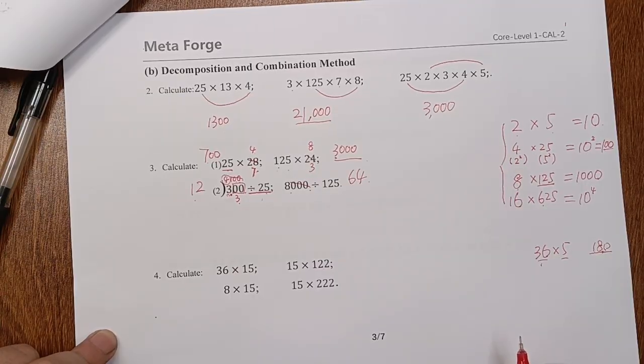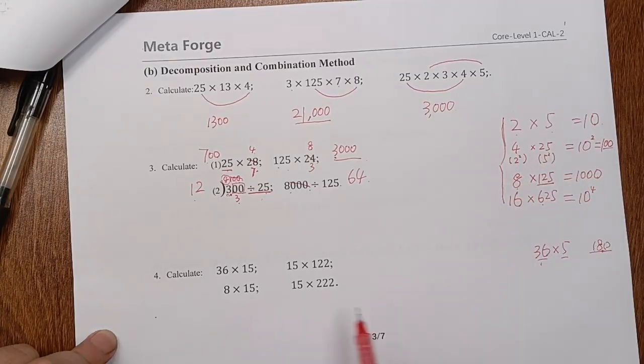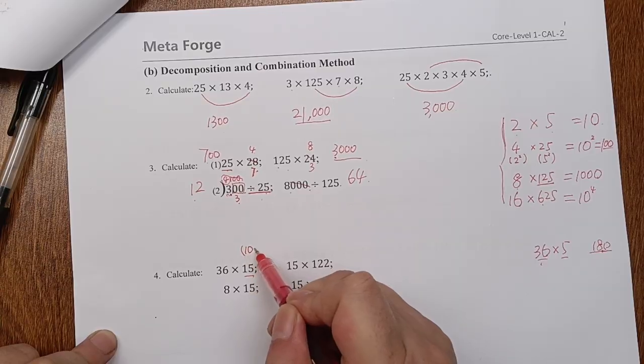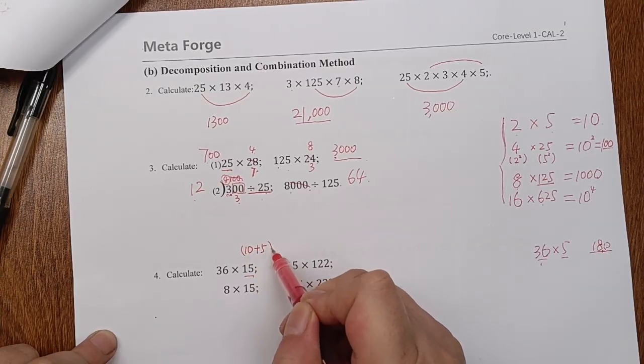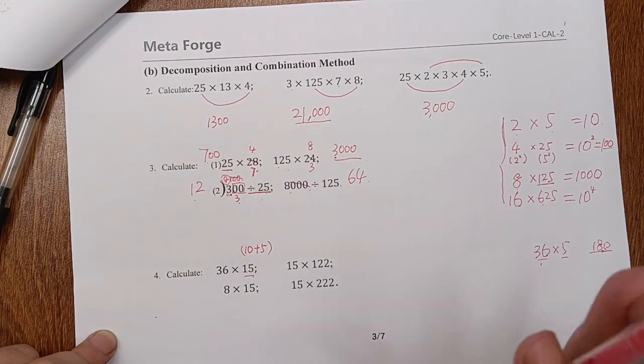A further application of these pair rules. How about 15? 15 multiplication is very common. It appears frequently in mathematics. How to do it? See it as this: times 10, nothing happened.